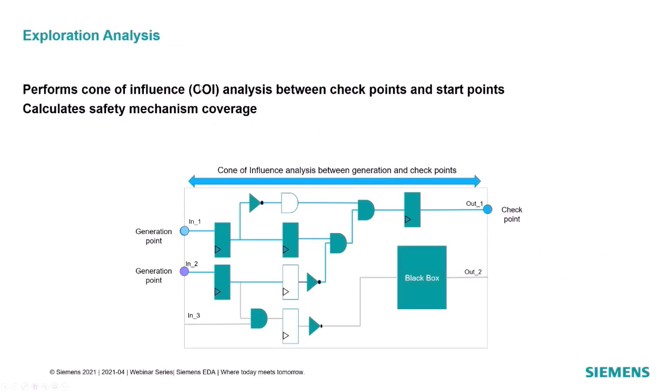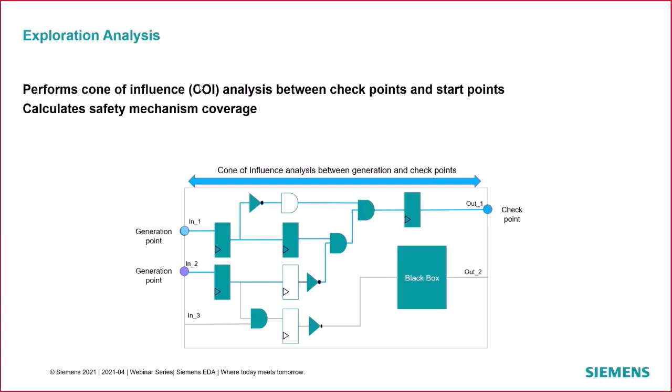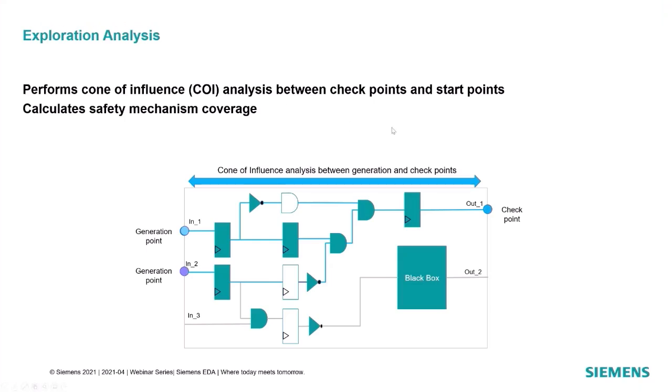So how do we perform exploration analysis? We discussed that we have to calculate the base failure rate, and we have to do mitigation of faults. So how do we know ahead of time which safety mechanism would be good or not? The algorithm that we use is the cone of influence analysis between the start points and checkpoints.